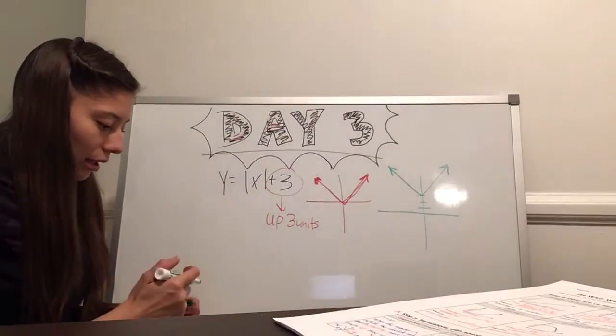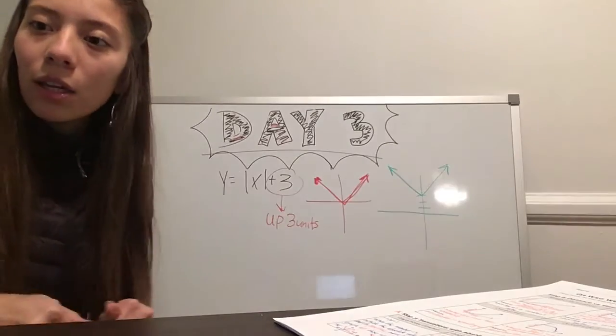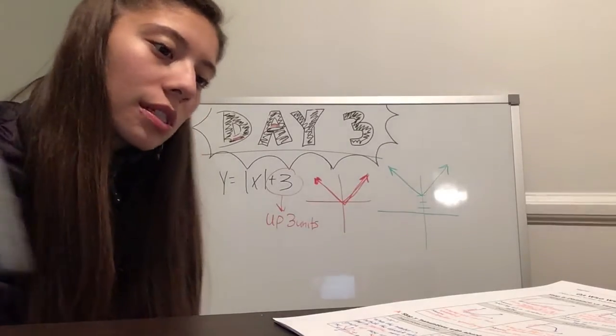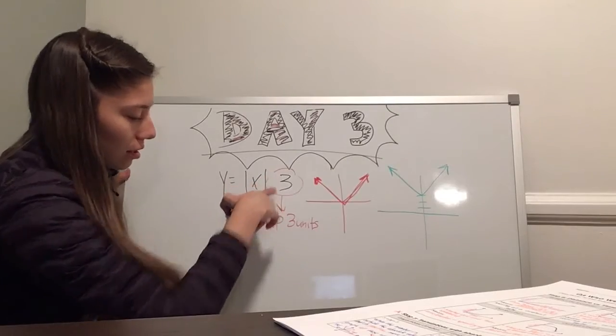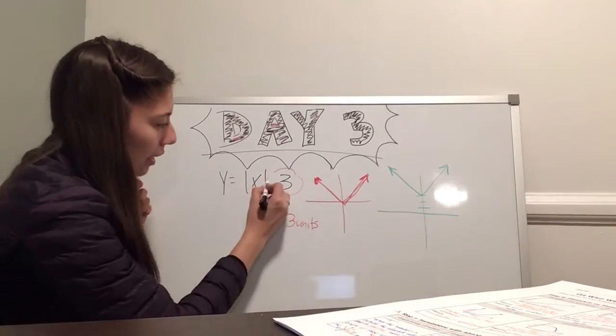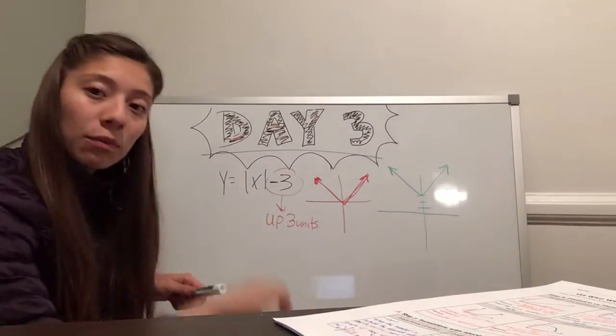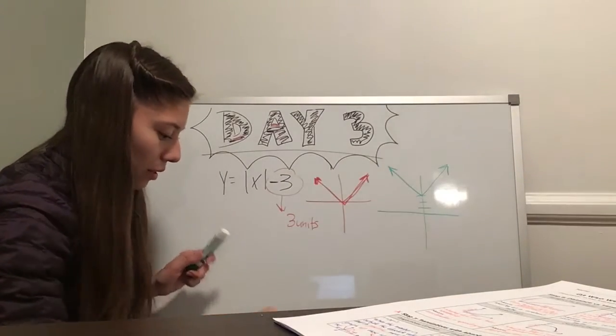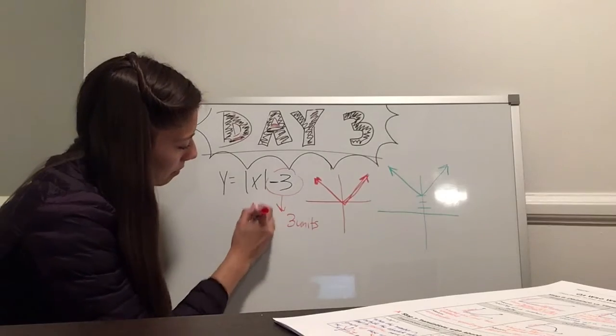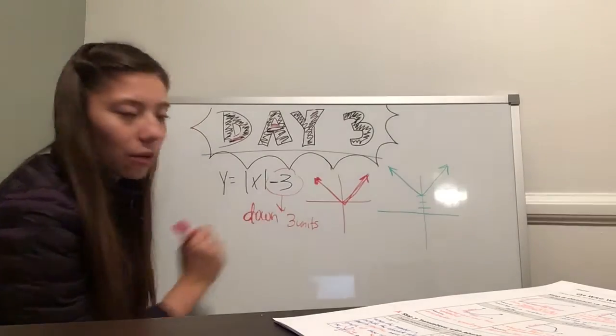Now if we look at the next one, which is minus 3 units. If we change this to a negative, and before it was a positive and we went up, now when it's negative, we're going down 3 units.